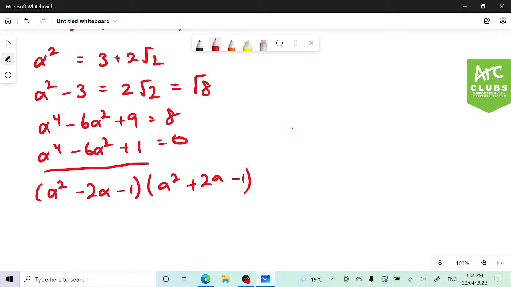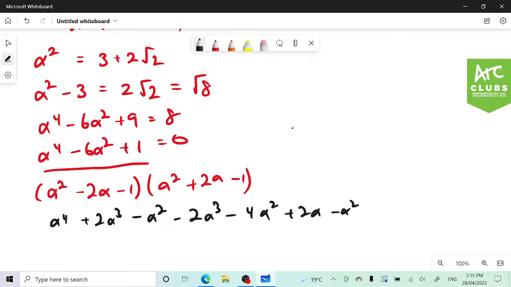If you expand this, you get alpha to the 4 plus 2 alpha cubed minus alpha squared, minus 2 alpha cubed minus 4 alpha squared plus 2 alpha, minus alpha squared minus 2 alpha plus 1.